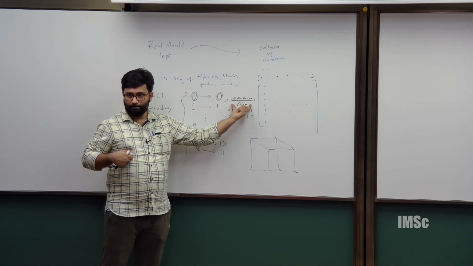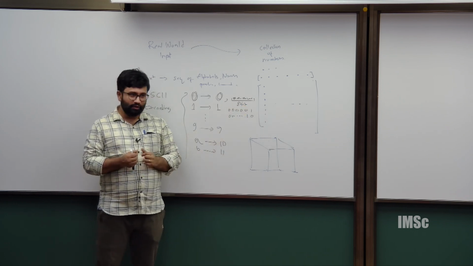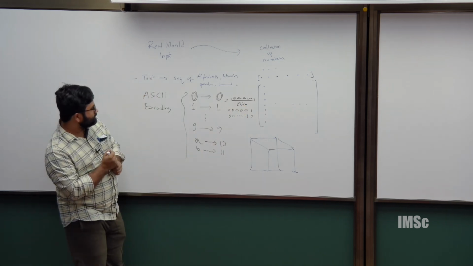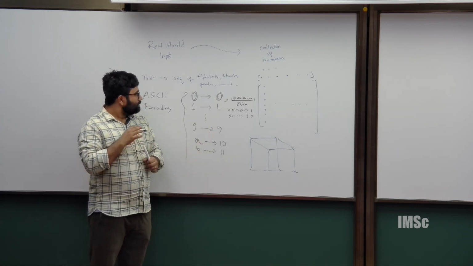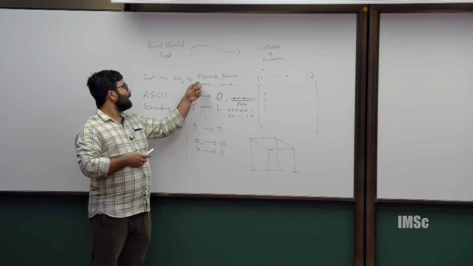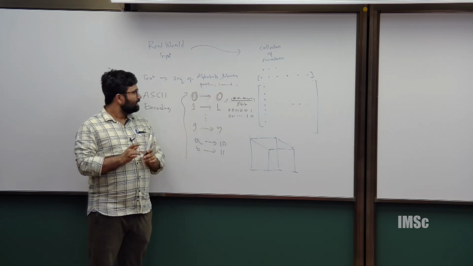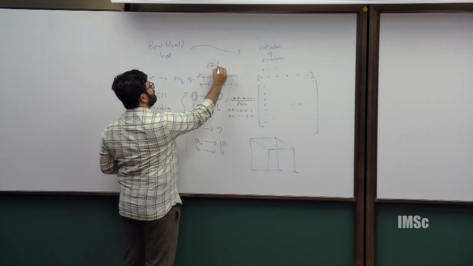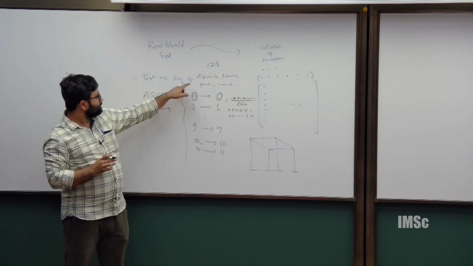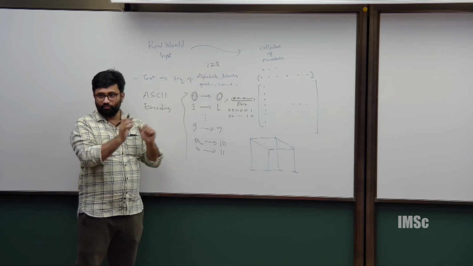Okay. So why was 8 chosen? Actually, initially 7 was chosen. 8 was chosen for some other reasons. 7 was chosen because if you count the number of alphabets, numbers, punctuation, space, all these things, they don't add up to more than, let's say, 128. In this way of encoding text, you don't need more than these many different symbols.